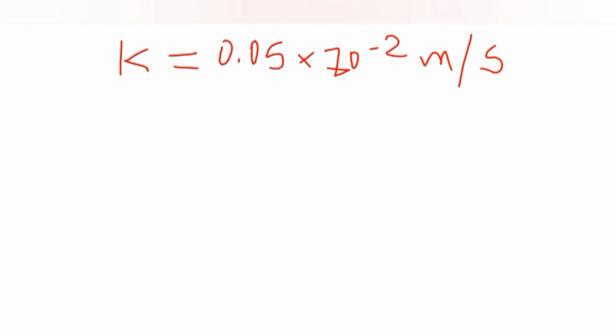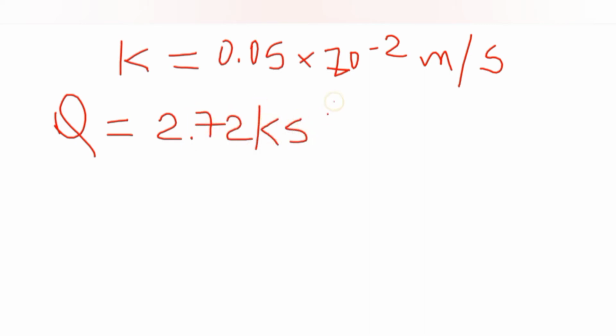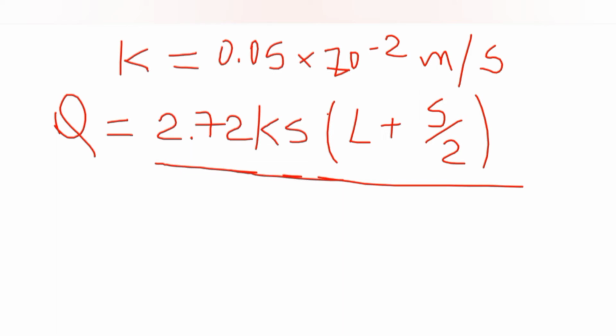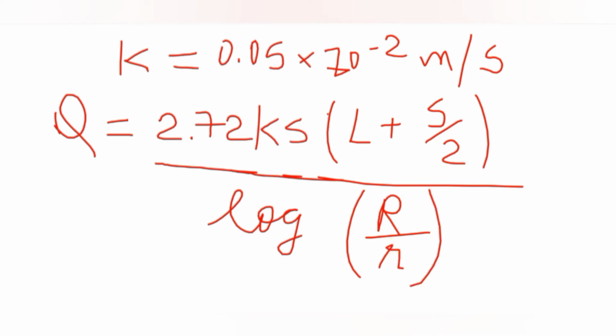The equation for discharge is Q is equal to 2.72 Ks into L plus S by 2, divided by log capital R upon R to the base 10. We just need to put the values.